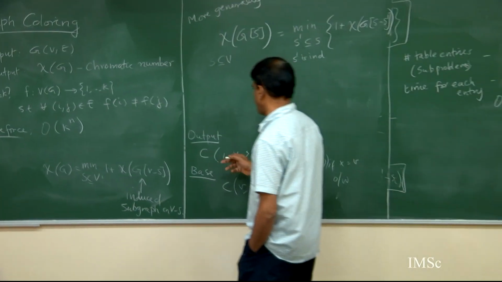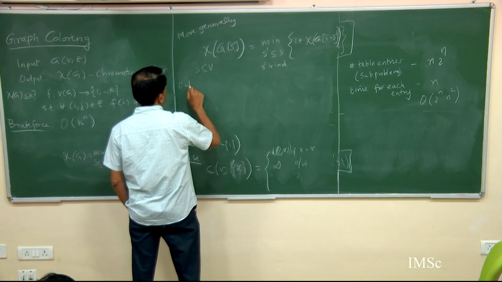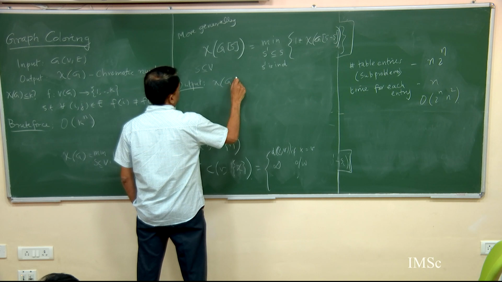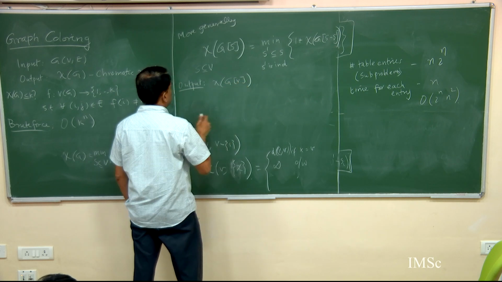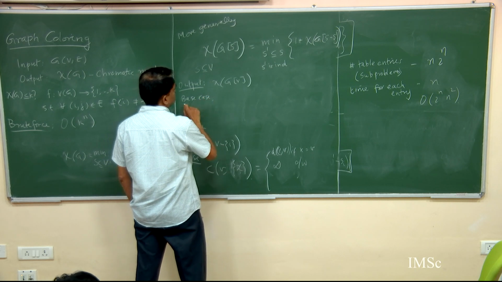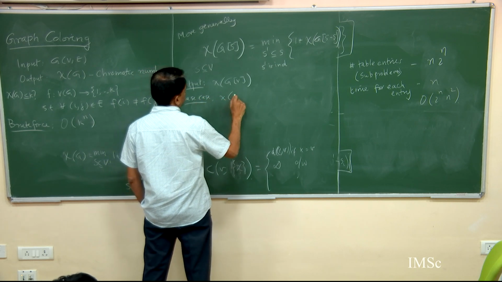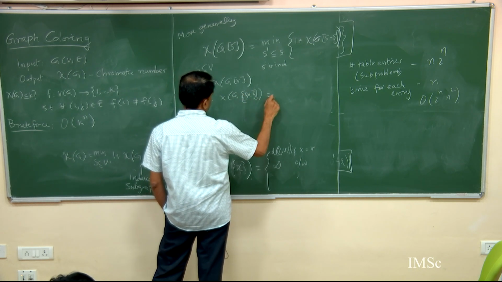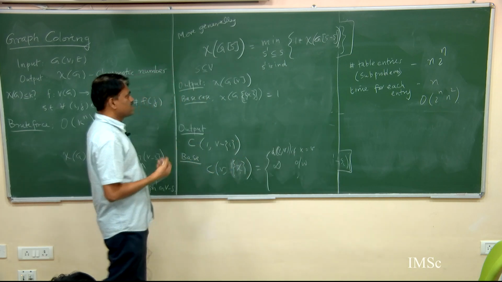What is the output I want? The entire vertex set, so this is for the whole graph, and the base case would be single vertices, and you can just color that vertex with 1.